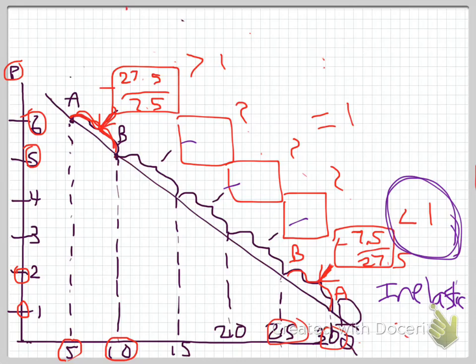Okay. Bear with me. Is it making sense now? So we're getting a negative. We're going to ignore the negative. And it's negative simply because the demand curve has an inverse relationship between price and quantity. Remember that law of demand?